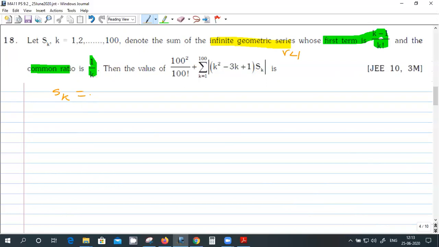So sum of K terms is... why has he given this information? The common ratio is also 1 upon K. Common ratio is a constant, right?